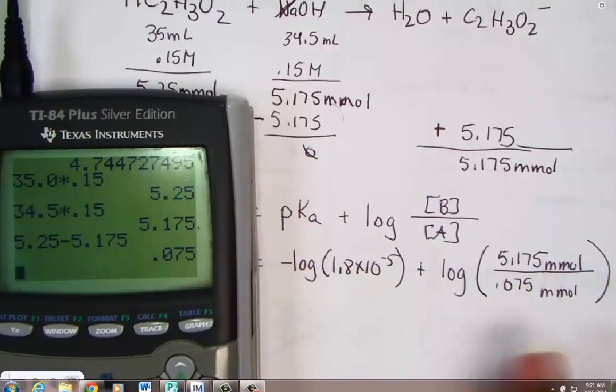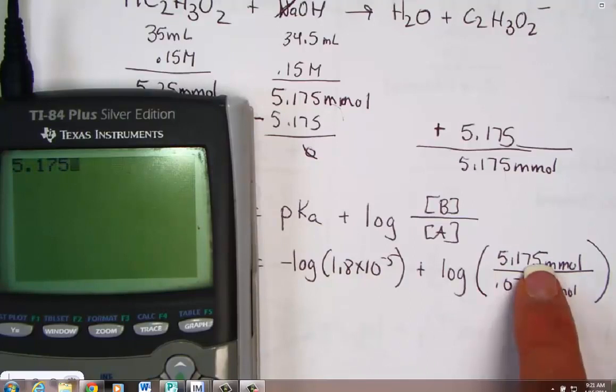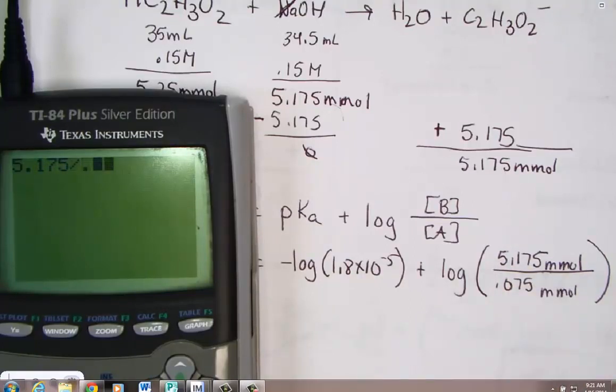Alrighty, so let's begin solving for this. Here we have the ratio 5.175, the conjugate base, divided by 0.075, the conjugate acid.